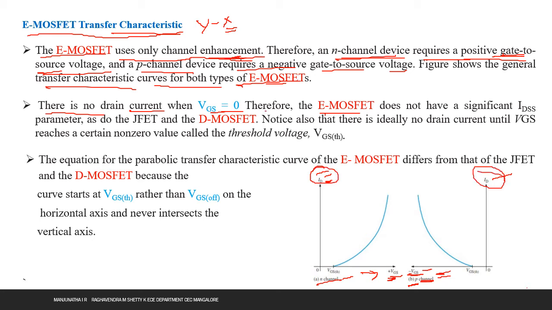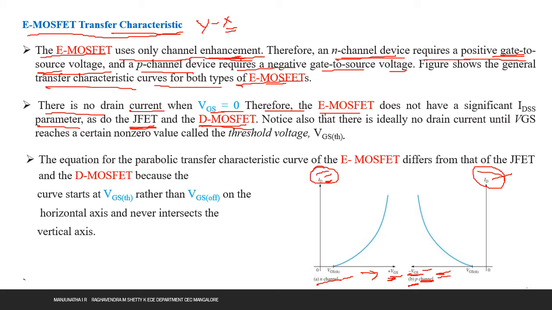Therefore the E-MOSFET does not have a significant IDSS parameter, as do the JFET and the D-MOSFET. The concept of getting a drain current is the same as we understood in the JFET or D-MOSFET.